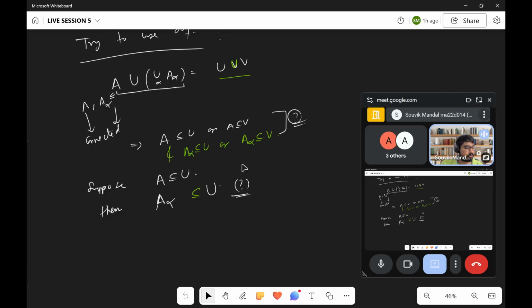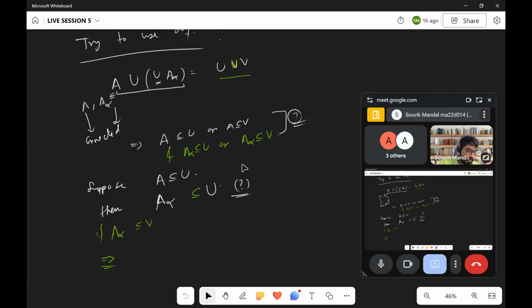So you can use the method of contradiction. Suppose A alpha is a subset of V, then what problem will there be? In that case, A union A alpha would be disconnected. Why?